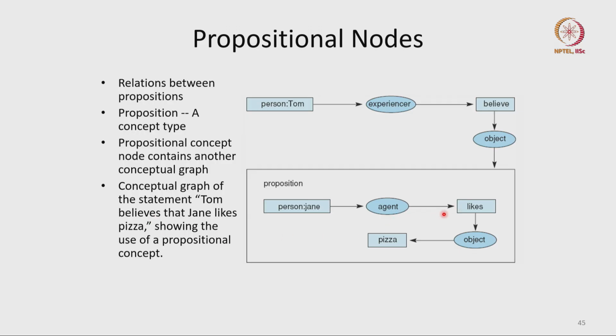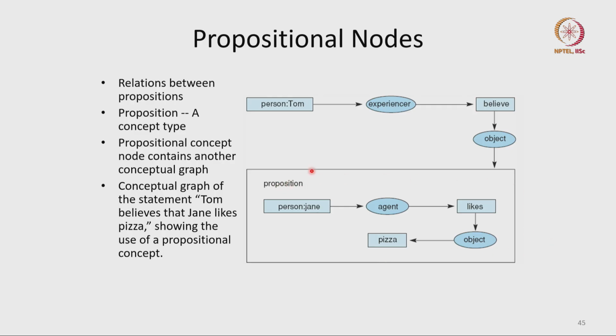So, you are saying likes, agent Jane, object pizza. Okay. So, Jane likes pizza is the proposition that you are represented over here, and then you are saying that Tom is the experiencer of the experience which is called believe, and the object is this particular thing. Okay. So, you could put it in a box in this way, right.